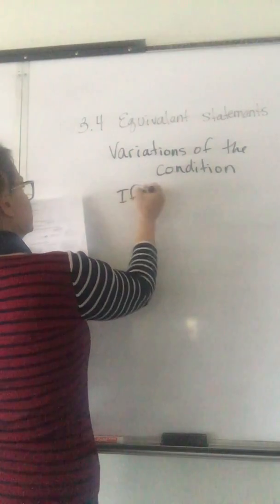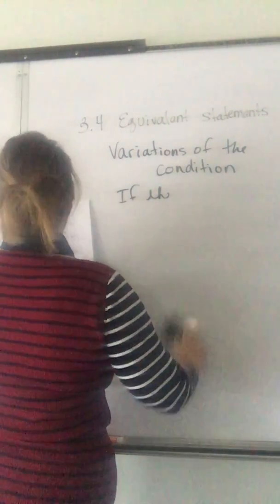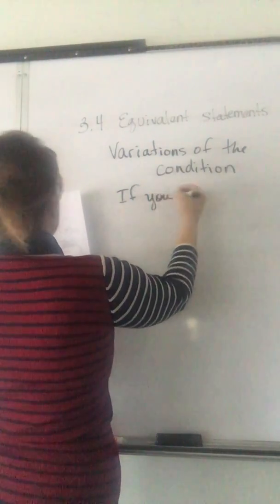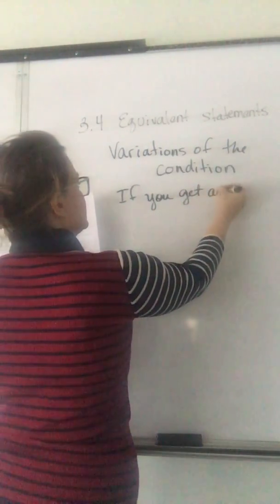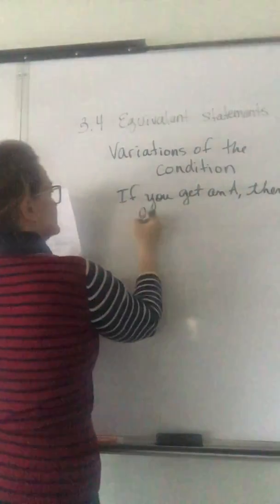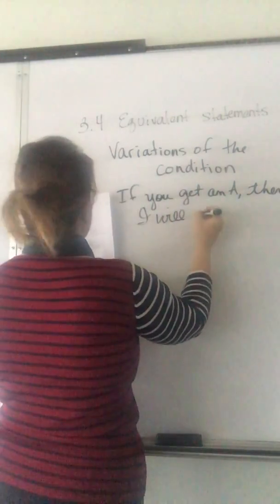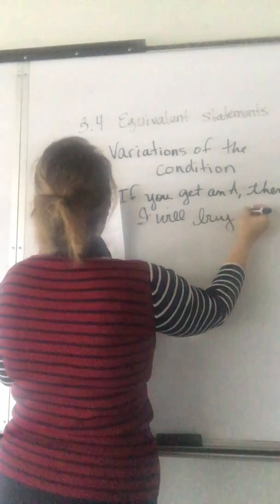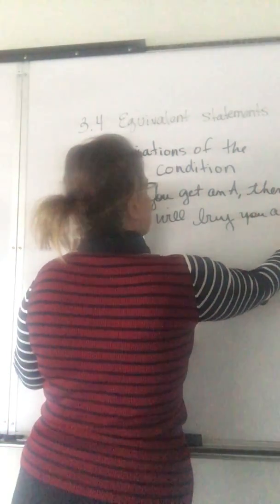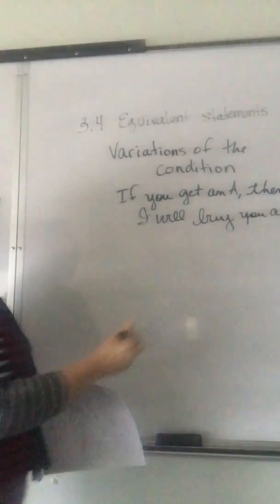We've got an if-then statement. So if you get an A, don't you wish somebody would buy you a car? If you get an A, then I will buy you a car. I'm just dreaming here. All right, so that's the original conditional.